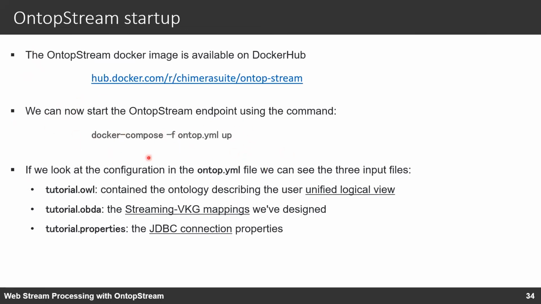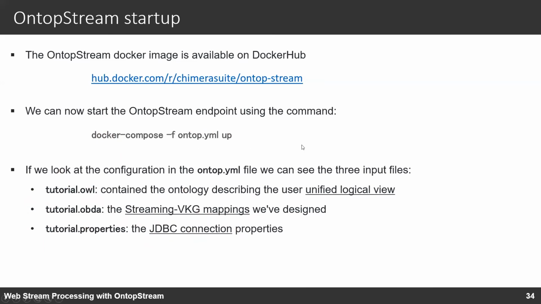This command will start OntopStream, which is already configured using the previous configuration I've explained to you, which is included in these three files. In particular, we have the OWL file, which is the ontology. We have the tutorial.obda, which is our streaming virtual knowledge graph mappings between RDF statements and Flink SQL queries, and the properties, which is the JDBC connection address.